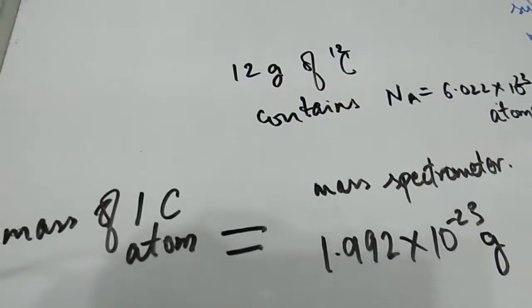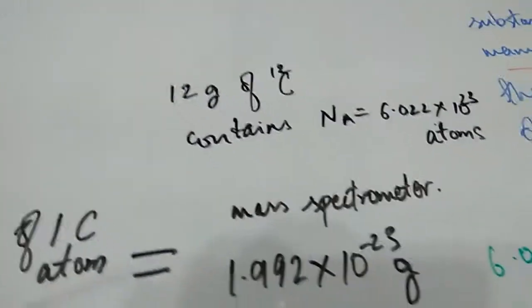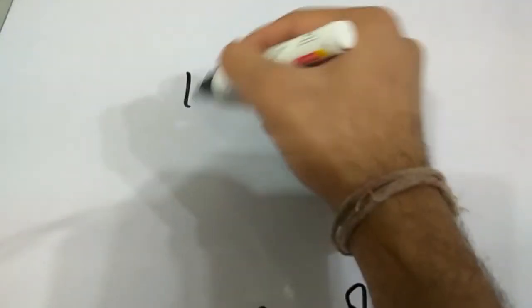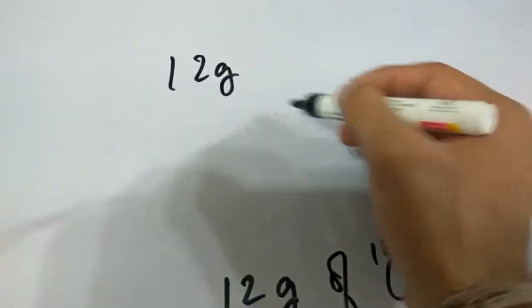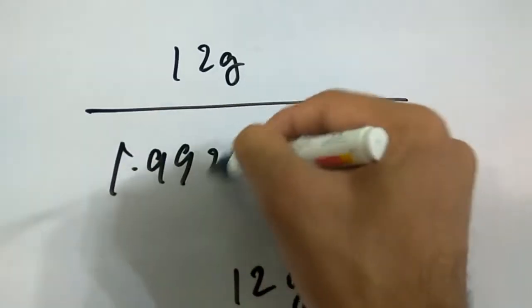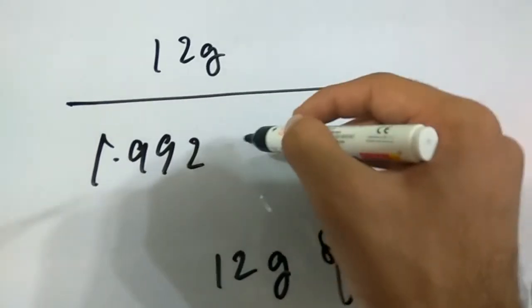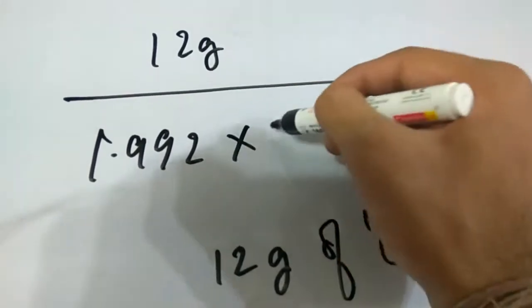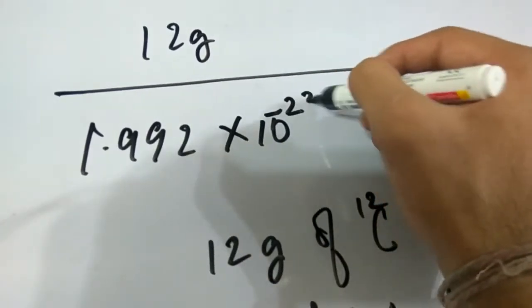That can only be had by dividing 12 gram of carbon C12 by 1.992, and there are a few more digits but not relevant exactly, into 10 raised to power minus 23.